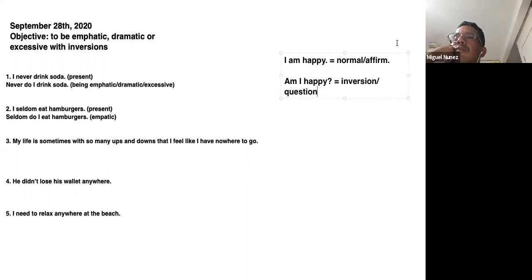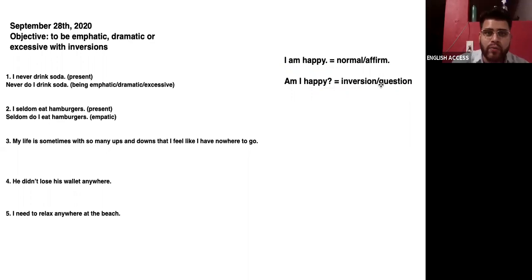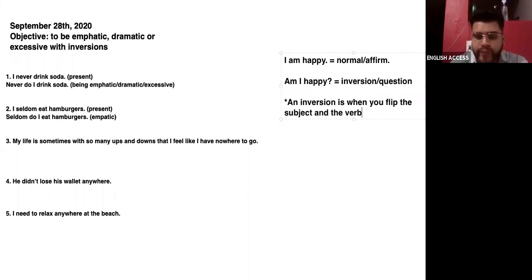Okay, why is it an inversion? Well, an inversion is when you flip the subject and the verb. Okay, very simple. We flip the subject and the verb. Here we flipped I and am.